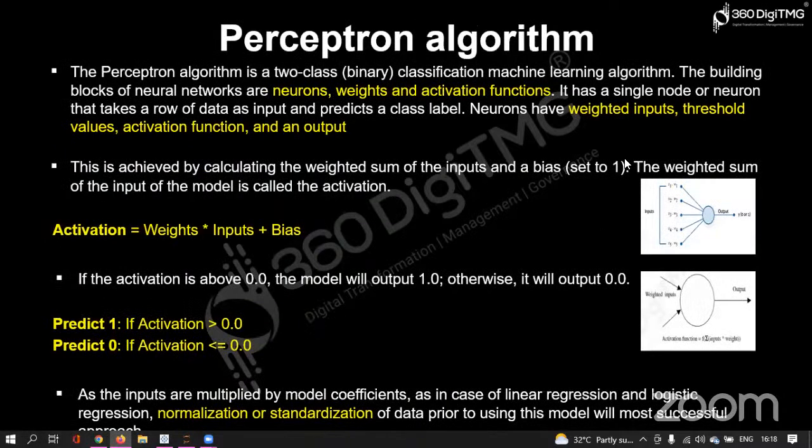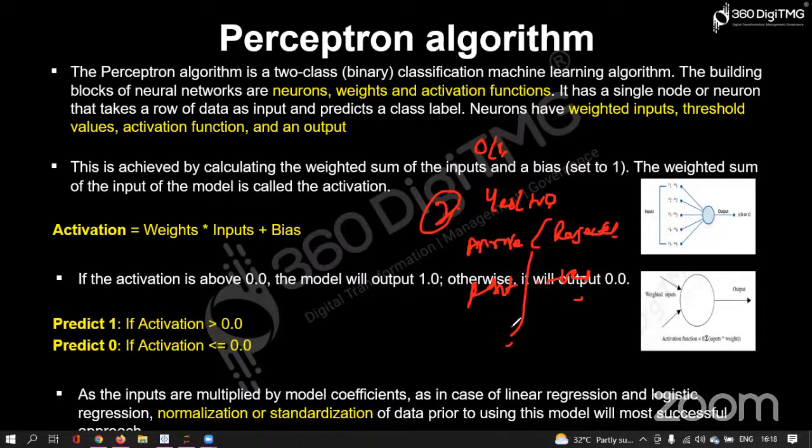So how does the perceptron algorithm work? The perceptron algorithm is a two-class binary classification algorithm. Whenever you have binary classification, that means you have just one output at a time from two classes. Binary class means you just have two classes, whether it is yes or no, approved or rejected, or positive or negative.